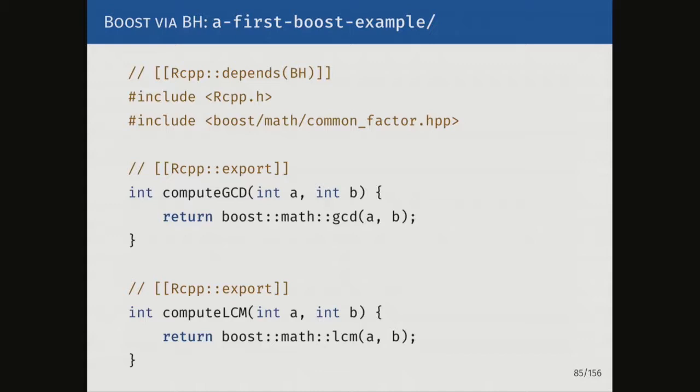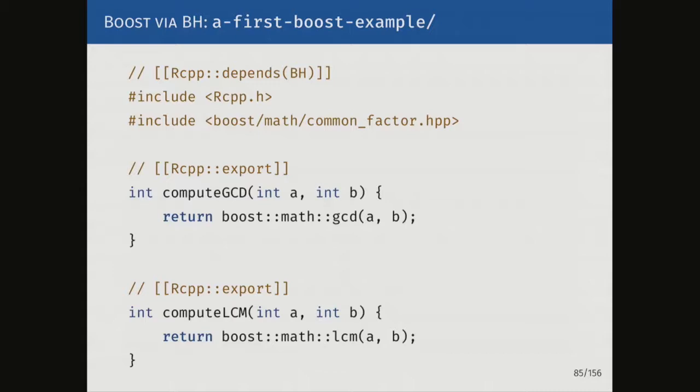Boost Math then has a lot of good functions. Here, to keep the slide simple, I just use two really simple ones: greatest common divisor and least common multiple. It's something that we don't have in the C++ standard library, that I think we don't have in base R. I think there's other CRAN packages by now, of course, that do it, but if you needed that, it's as simple as a simple function call, because you need Boost, Math, and then GCD.